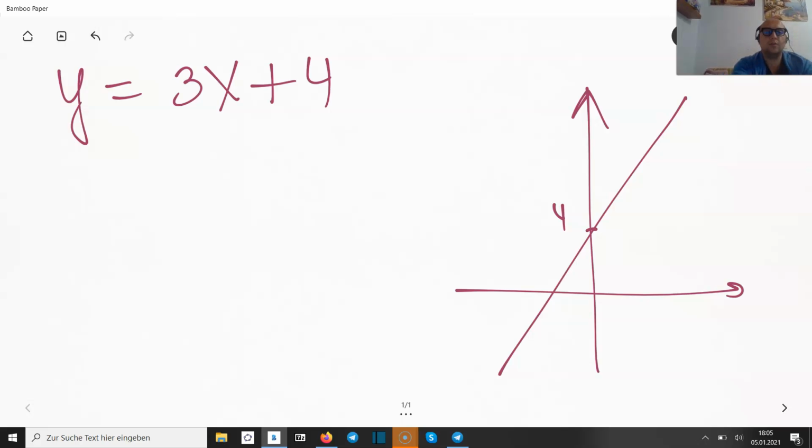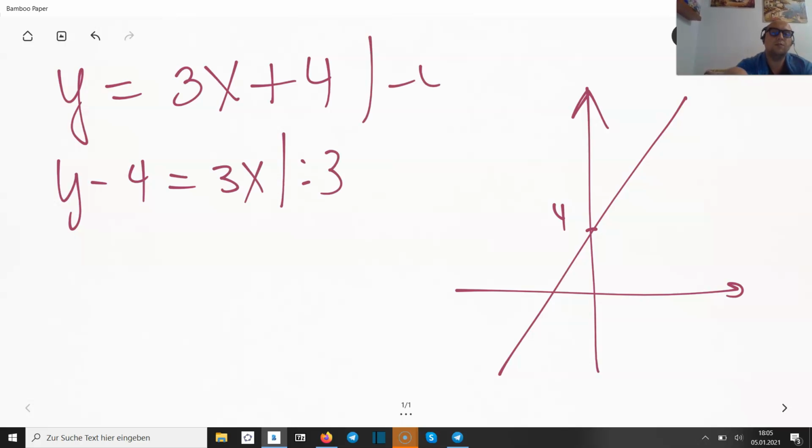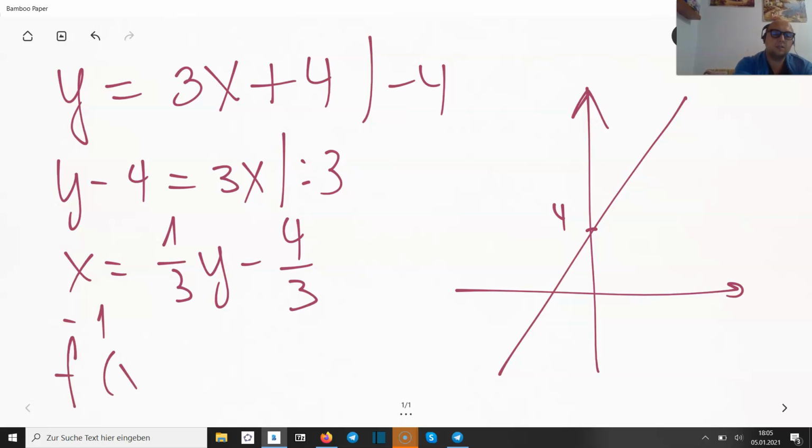So I just have to solve it for x. y minus 4 equals 3x. I divide by 3, minus 4 first, and then I have x equals a third of y minus 4 thirds. So the inverse in this case would be a third of x minus 4 thirds.